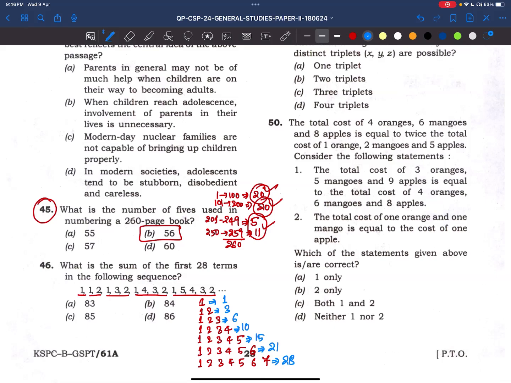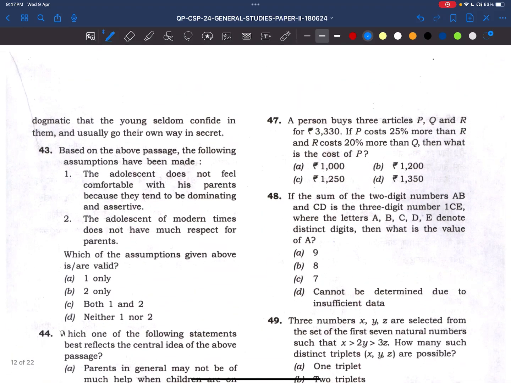Now we have to add all these numbers again. 1 plus 3, 4. 4 plus 6, 10. 10 plus 10, 20. 20 plus 15, 35. 35 plus 21, 56. 56 plus 28, 84. Answer is 84. Okay. Now, let's go to the next question.